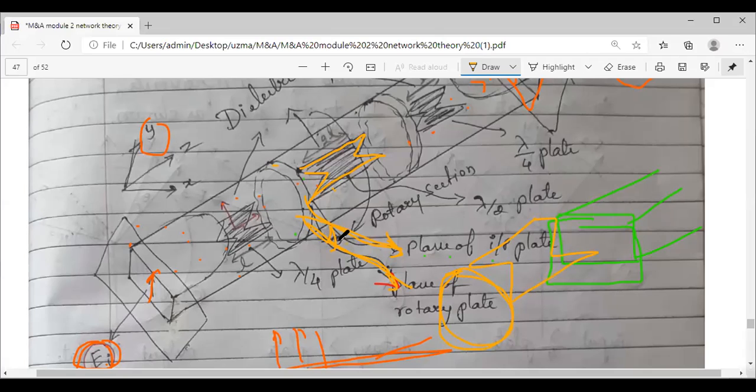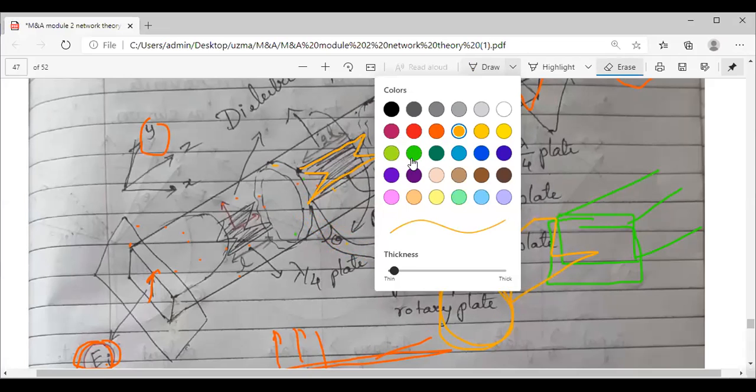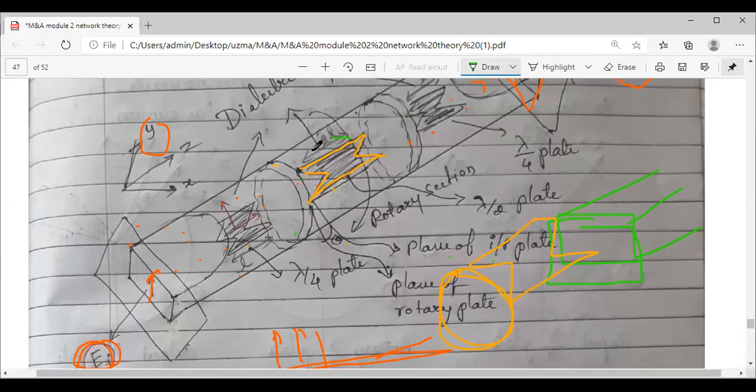I cannot make you identify theta on the 2-dimensional paper, but try to imagine the 3D view. The resistive card or the dielectric plate which I'm using here, this dielectric plate's position with respect to this circular section, the angle between them will be theta.